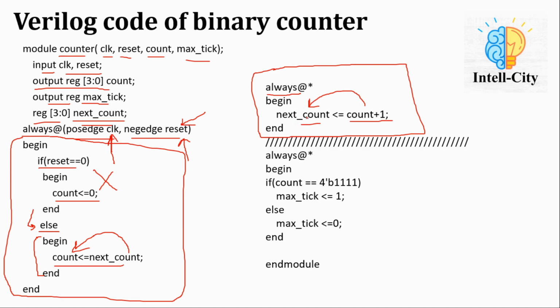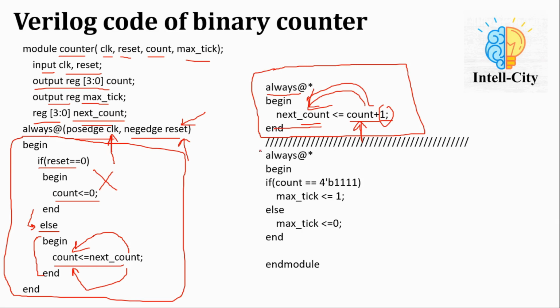So next count will get 6, and on the positive edge of the clock, this next count is assigned to the count. In this way, the next state logic block is working, adding 1 to the current state and assigning this to the next state.